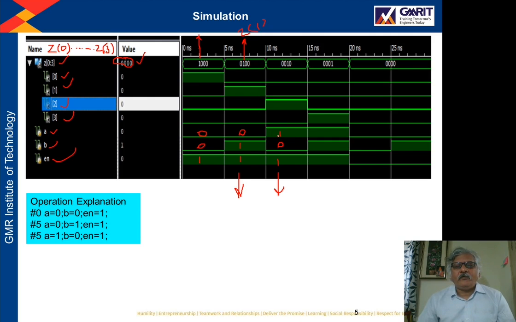So due to this, what will happen? You see here this one indicates Z2 is 1. Now you check here, enable is 1, B is 1, A is 1.